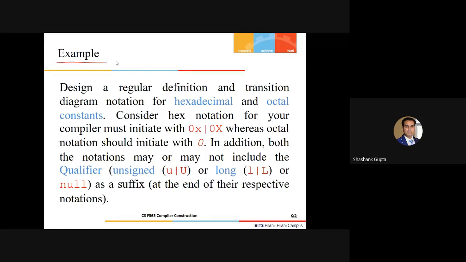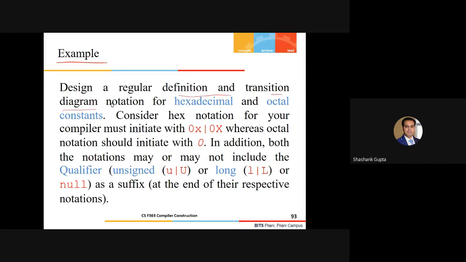So I request all of you to please spend a few seconds on this particular specification. It says: design the regular expression definition and the transition diagram notation for hexadecimal and octal constants.